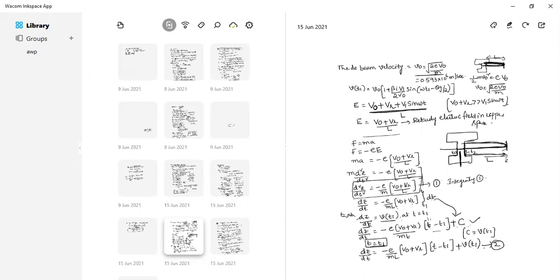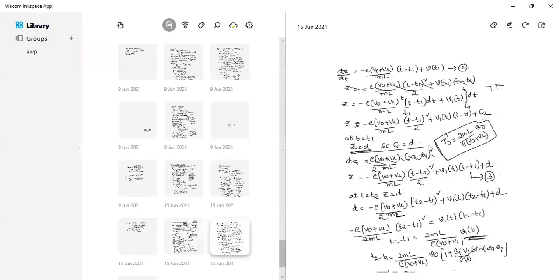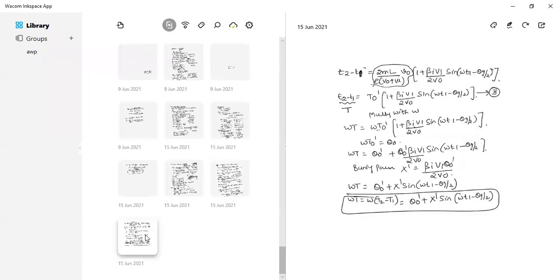Next we calculated the field intensity, then the force exerted due to this field. Finally we calculated the distance, that is Z, and for Z we calculated the round trip transit time angle.